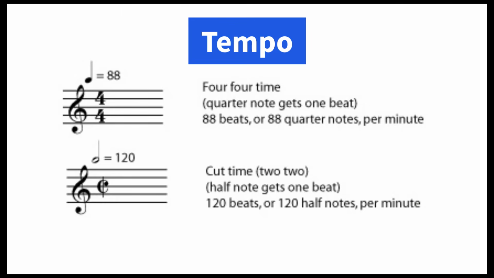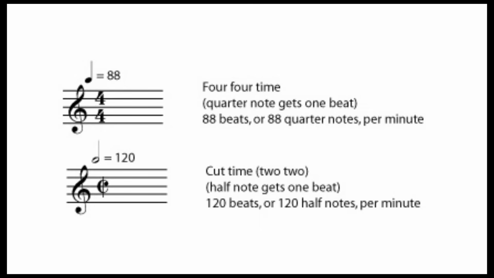Tempo. Another thing you should know about is tempo. Tempo is the speed or pace of a given piece. The tempo of a song is measured in beats per minute, or BPM. BPM indicates the number of beats in 1 minute.